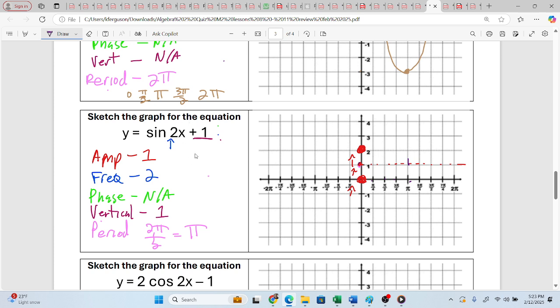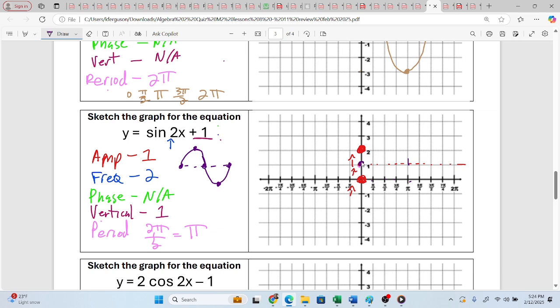Okay. So I know that the sine graph starts at the midline and it goes up, hits the high point, goes back to the midline, then it goes to the lowest point, and then it ends at the midline. So those are my 5 points that I need to have.